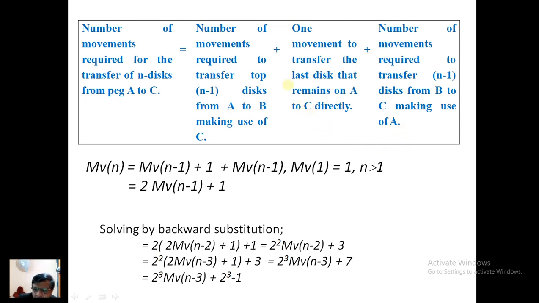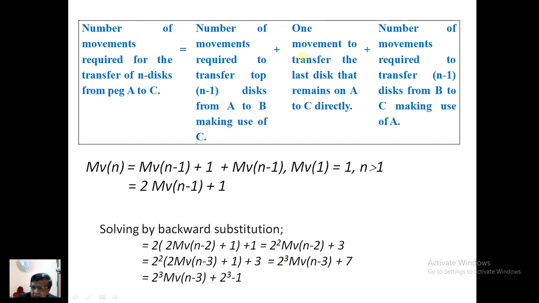This equation you have to remember. It's very easy. The number of movements required for the transfer of n disks from peg A to peg C equals the number of movements required to transfer the top n-1 disks, 2 in case of 3 disks, from A to B making use of C, and 1 disk remains.